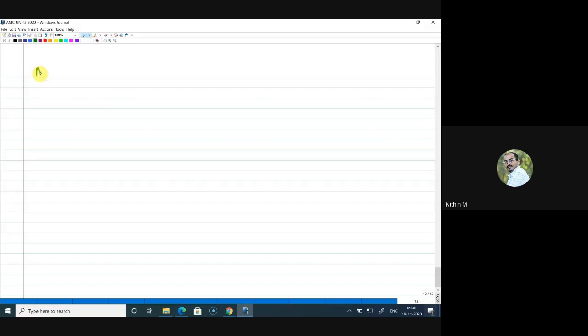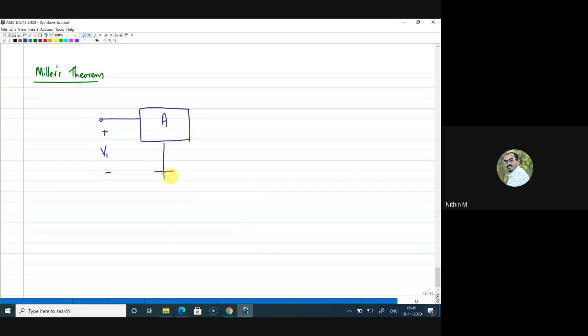To understand in a simple way, I am taking a small block here. Say, for example, this is an amplifier block which is giving a gain of A. The input to this amplifier is plus minus V1.